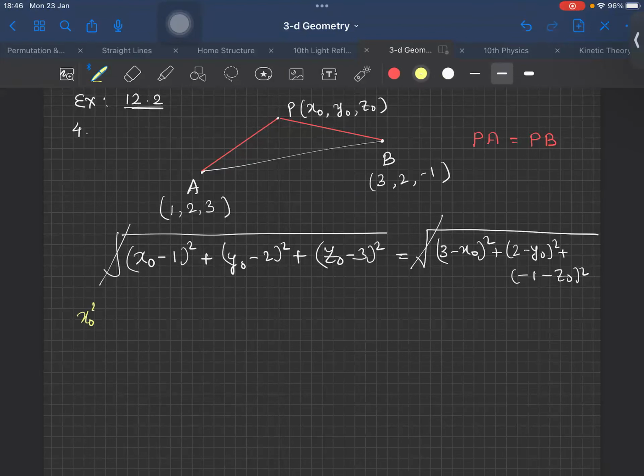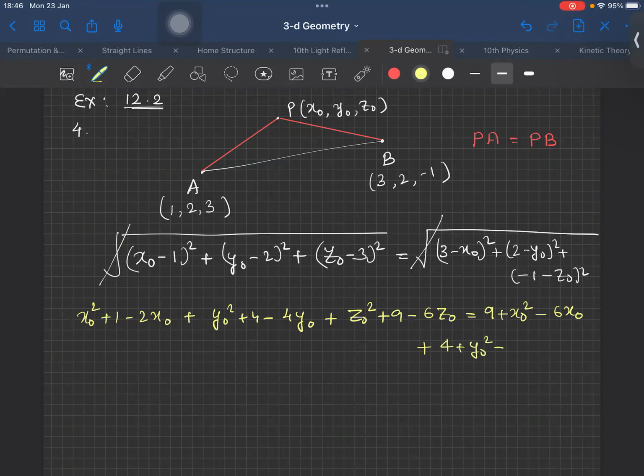So this will be x naught square plus 1 minus 2x naught plus y naught square plus 4 minus 4y naught plus z naught square plus 9 minus 6z naught, and this should be equal to 9 plus x naught square minus 6x naught plus 4 plus y naught square minus 4y naught plus 1 plus z naught square plus 2z naught.